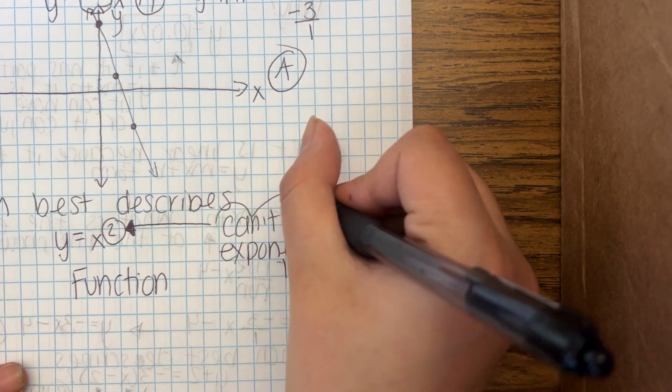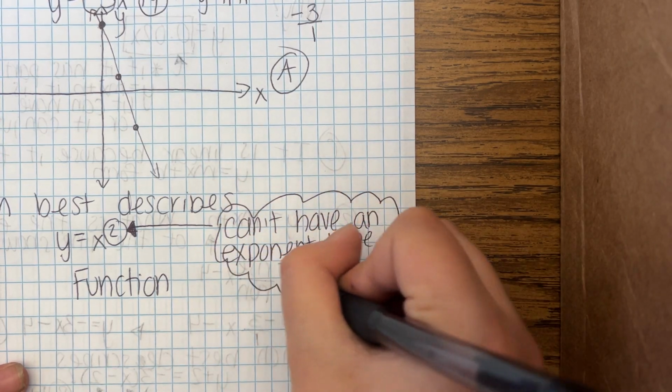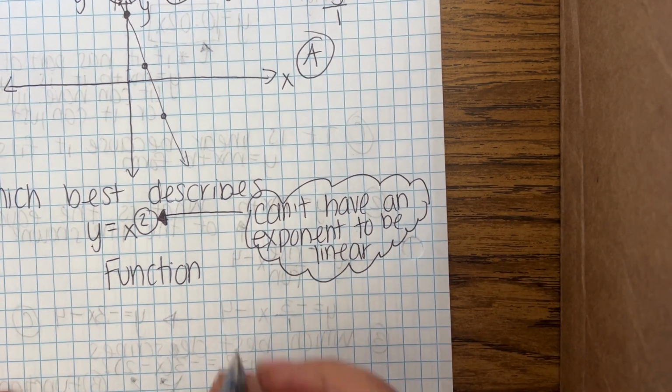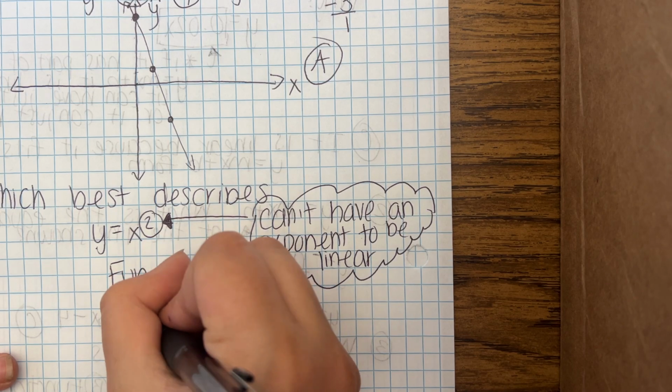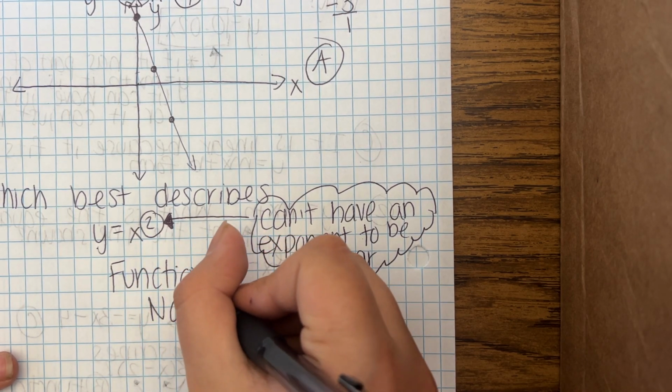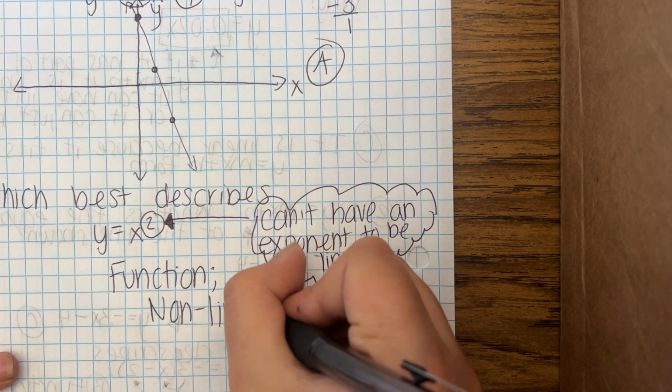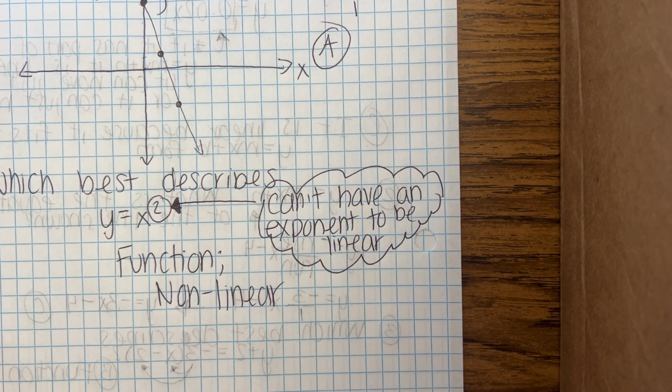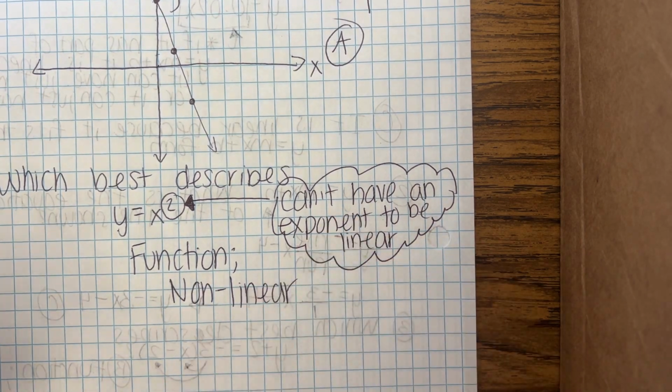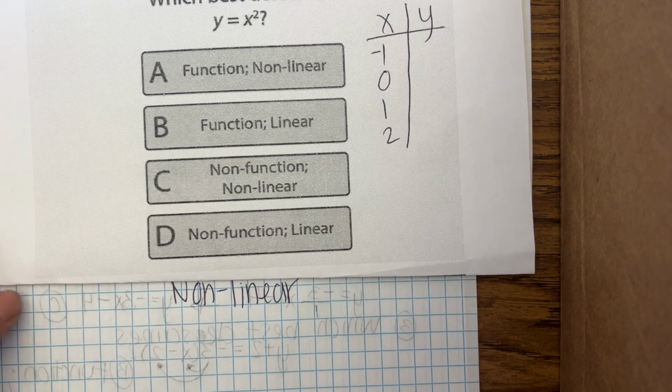Okay, so this I do want you to bubble in because that's super important. So it's a function and it is nonlinear. Okay, function and nonlinear. And our choice that best fits that one would be A.